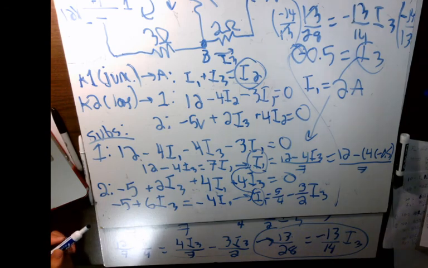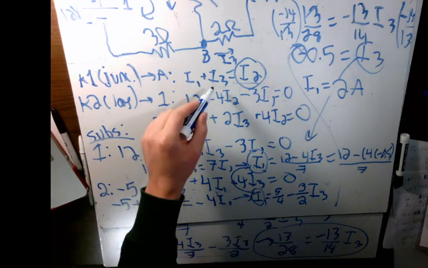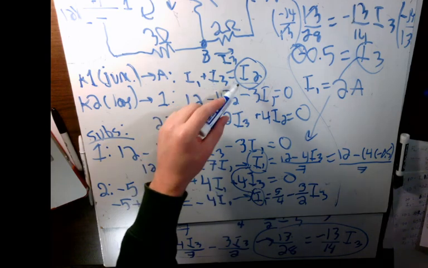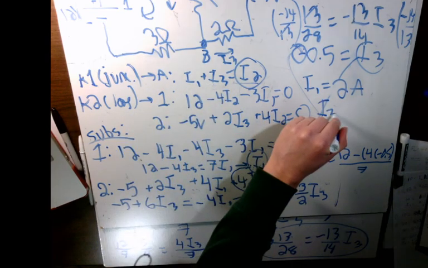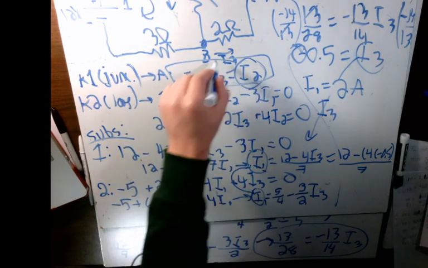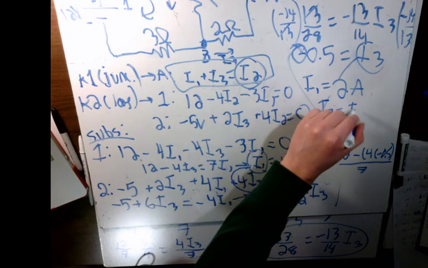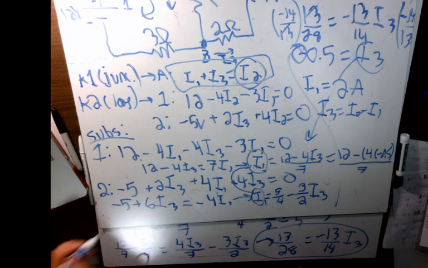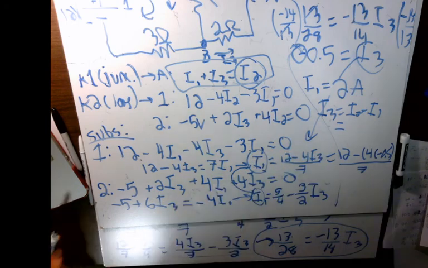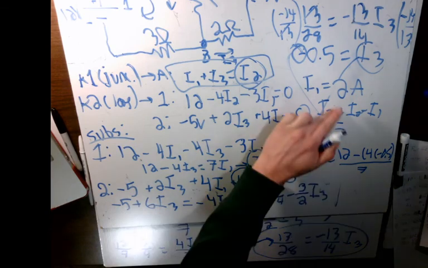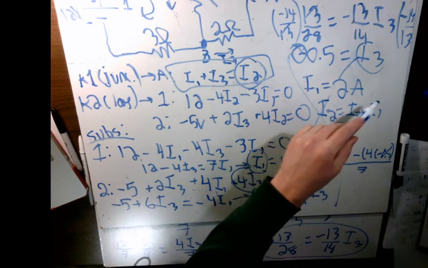And then I3 is equal to I2 minus I1 from this equation. So I should be solving for I2. Did that mistake twice.